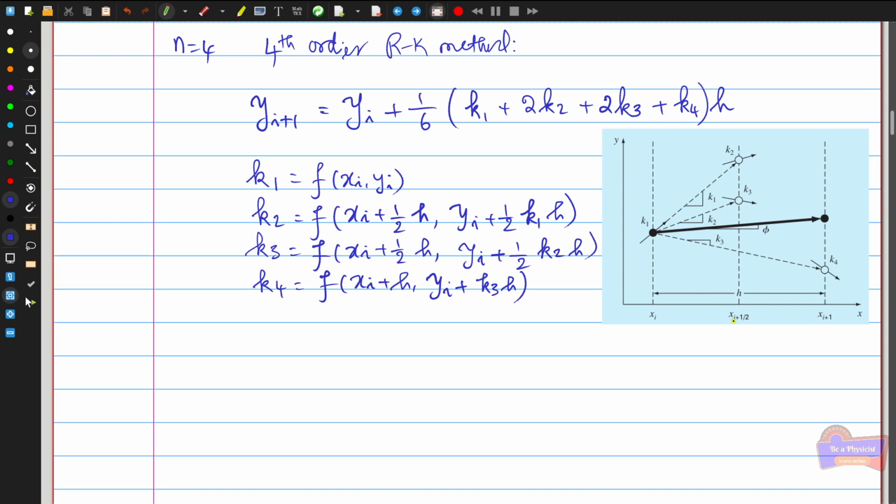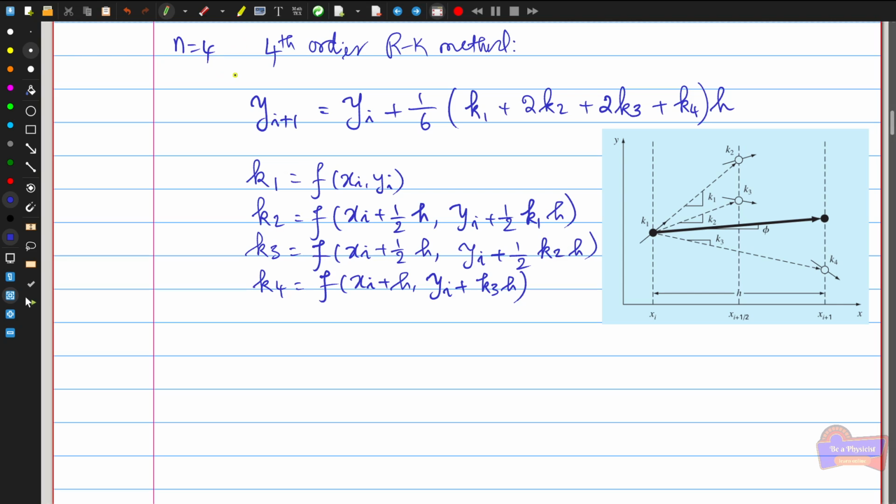Using k1, k2, k3, the k4 is also predicted in this form. If you take the average of all four slopes k1, k2, k3 and k4, then you will get an approximation almost close to the exact solution, based on the time step we have chosen.